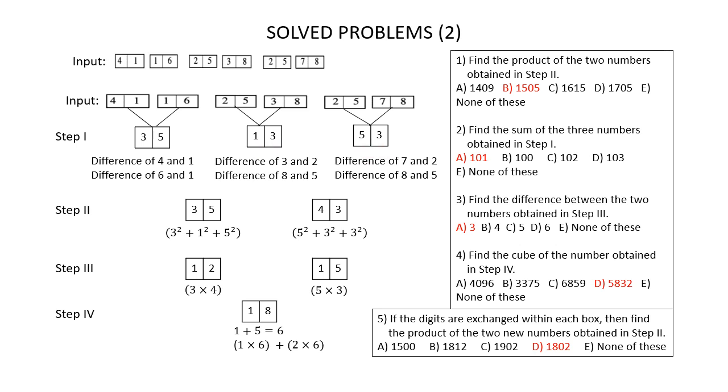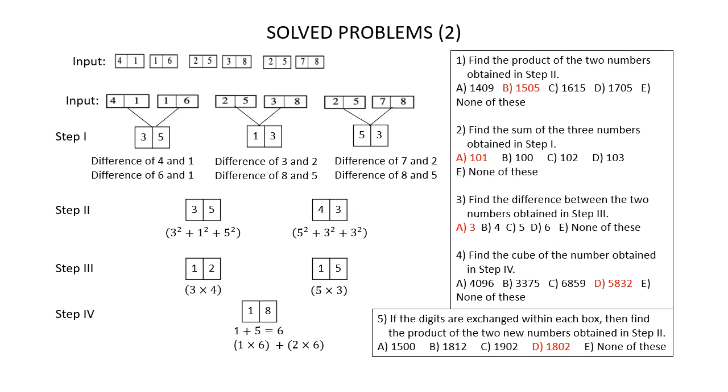Now let's find the numbers in step 2. Now according to the pattern, we know that the sum of the squares of the first digits of the three numbers in step 1 will give the first number of step 2. Also, the sum of the squares of the second digits of the three numbers of step 1 will give the second number of step 2.